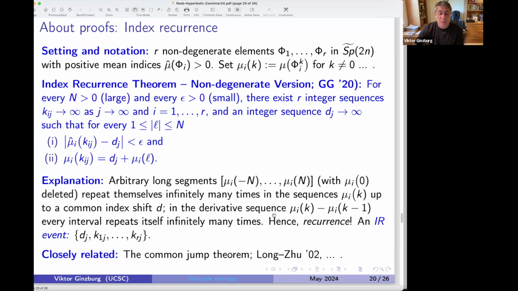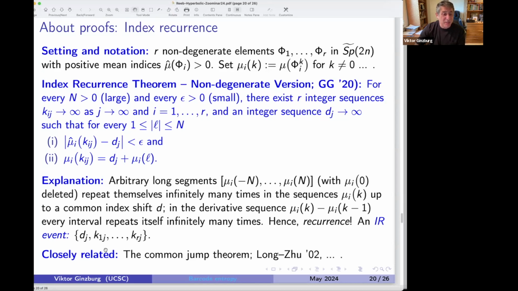So in other words, focusing back again on an individual map, when I look at the sequence of differences between successive iterations, any interval in that sequence will repeat itself infinitely many times. So this is the reason why it's called recurrence.